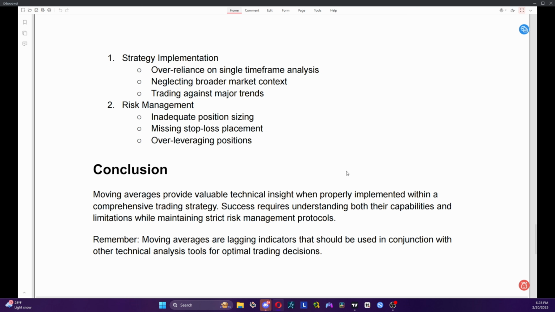You have to understand levels. You have to recognize the broader market sentiment. Are you in the wrong sector? Is there market rotation? Etc., etc. Success requires understanding both the capabilities and limitations of EMAs or SMAs while maintaining strict risk management protocols.